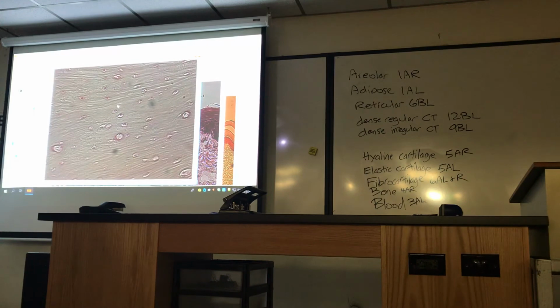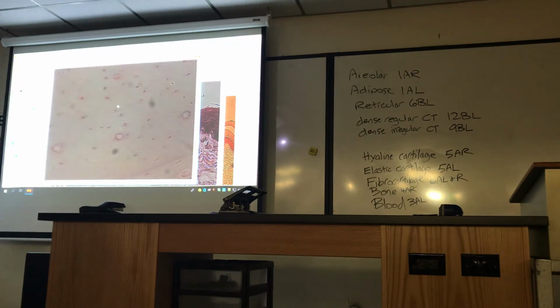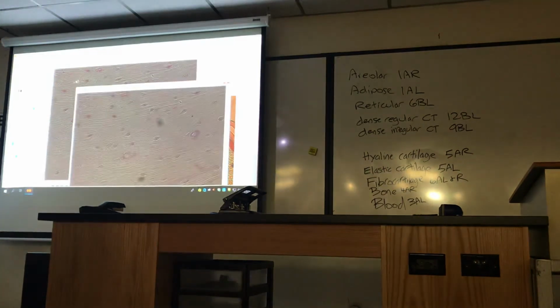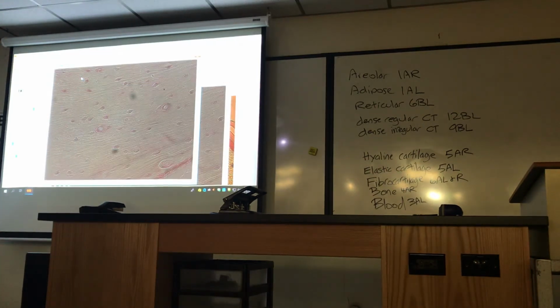All right, this is as good as I can get it. I'll go with it. I don't quite see the zigzag, but I do see the layers of the annulus fibrosus.